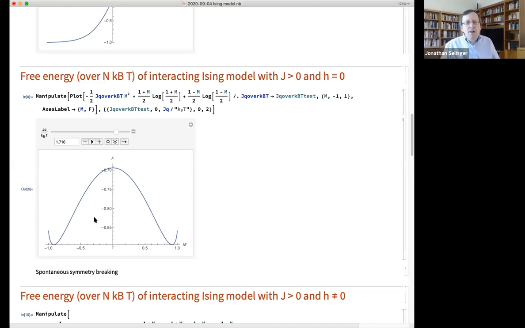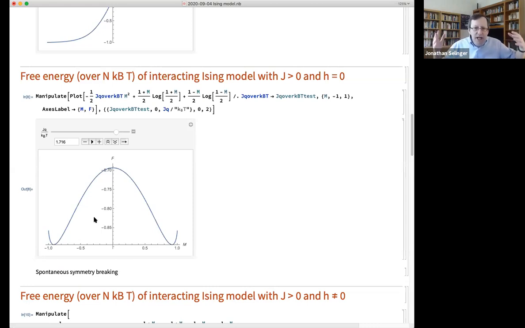You remember the positive M means spins are mostly up. Negative M means the spins are mostly down, okay? At high temperature, the spins are mostly zero, right? Half are pointing up, half are pointing down, okay?